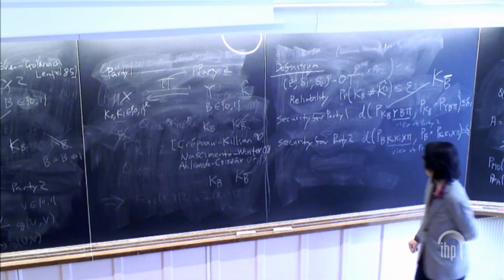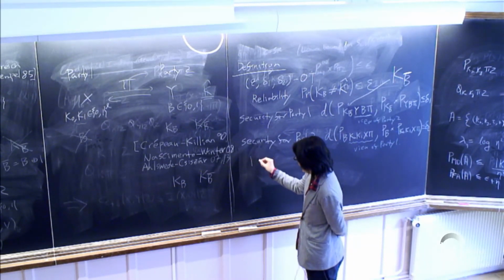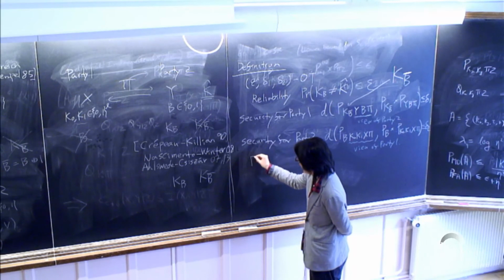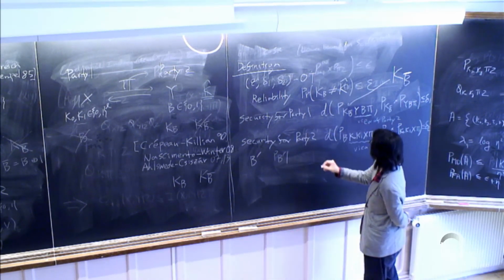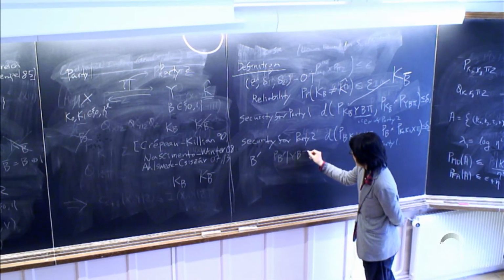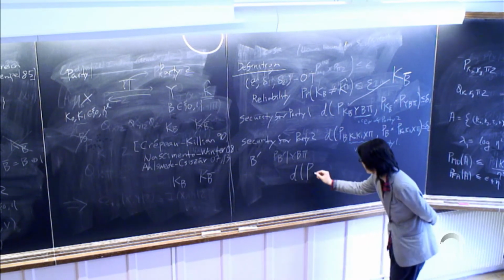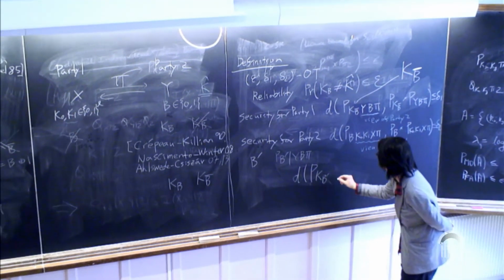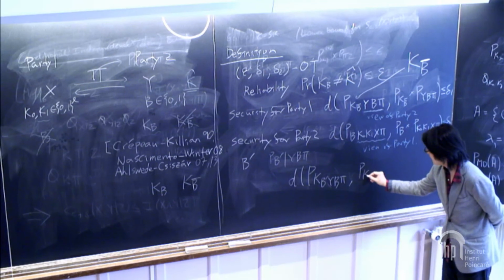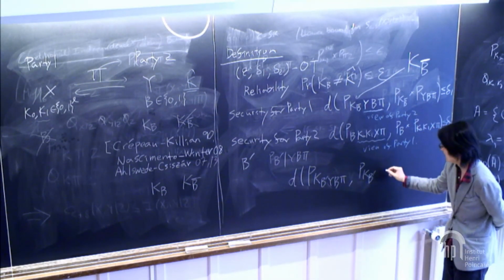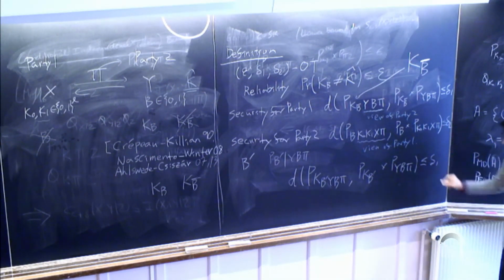So in that case, we require that there exists some B prime that is generated by the second party's observation, such that... I think this is the definition.